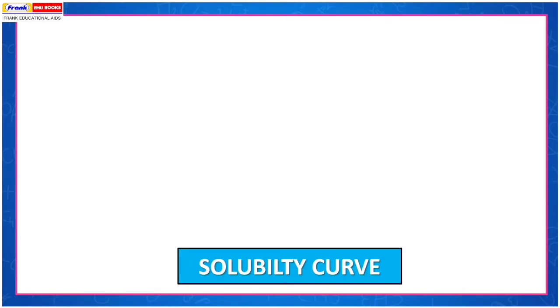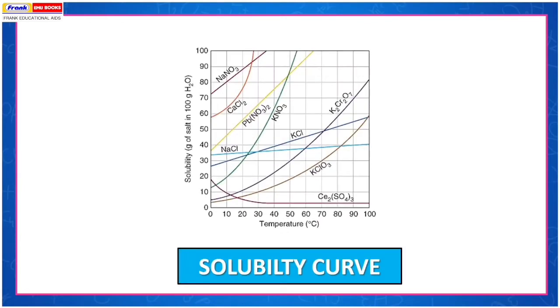Solubility curve. A solubility curve plots the solubility in gram of salt in 100 gram water against temperature in degrees Celsius on the x-axis. Here, the solubility of certain salts can be noticed. Example, solubility of KNO3.